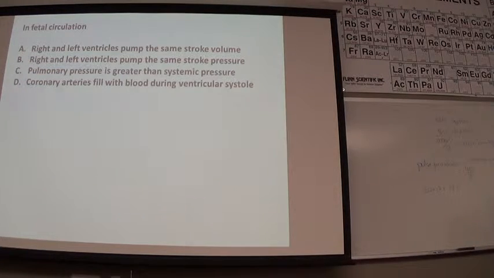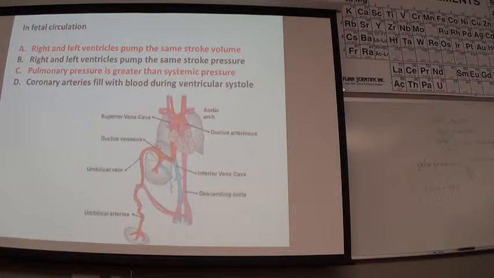All right, in fetal circulation, right and left ventricles pump the same stroke volume, is that true? Unless the fetus has congestive heart failure, it does. Right and left ventricles pump the same stroke pressure? How do we know? You're going to have to figure out this answer.